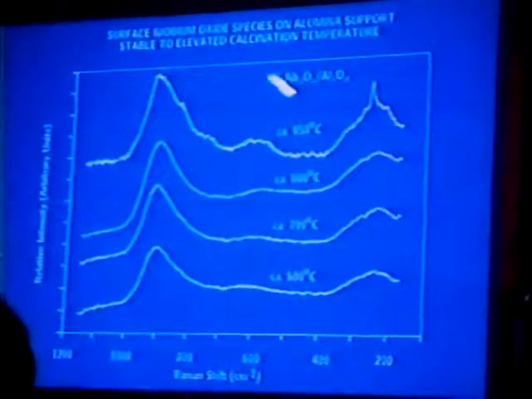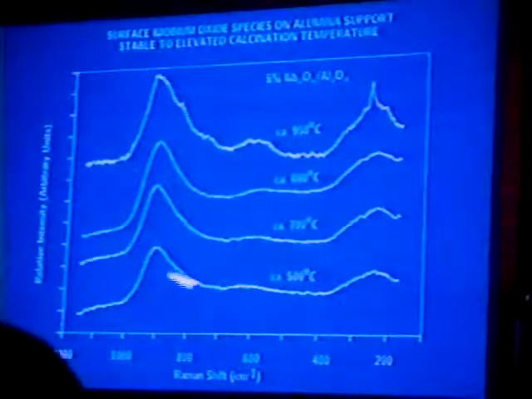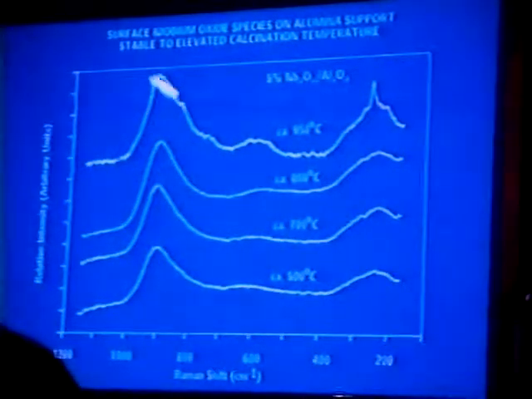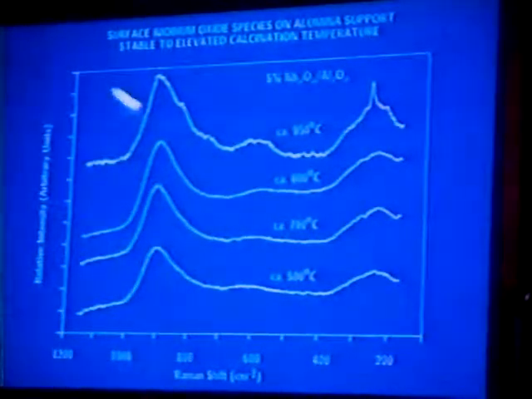With 5% niobium on alumina, we calcine at temperatures between 500 and 950. We can see the surface niobium band didn't change, and there's no indication of forming the Nb2O5 crystallite, whose band appears around 690, or the aluminum niobate compound, whose major band appears around 930.